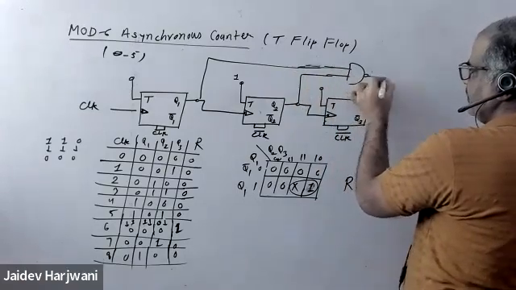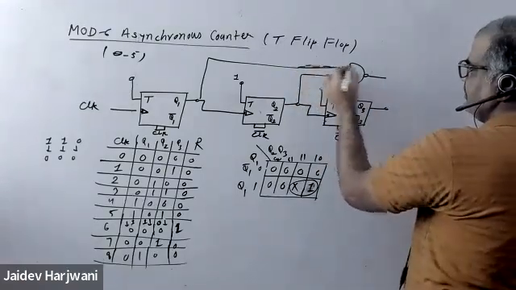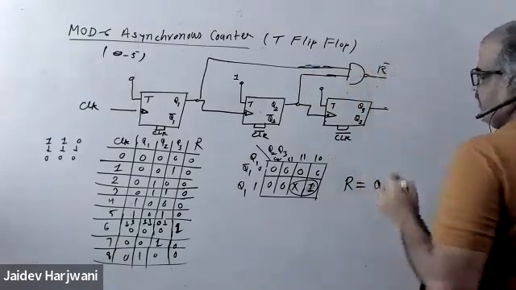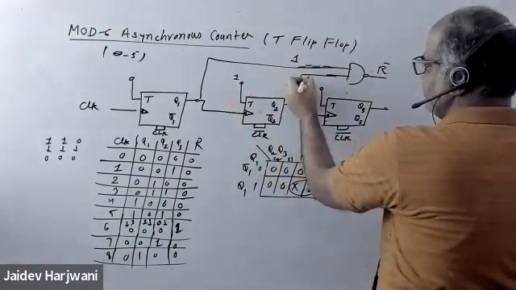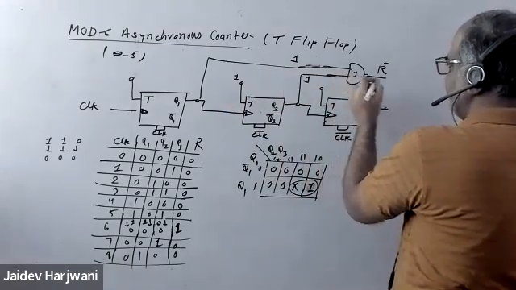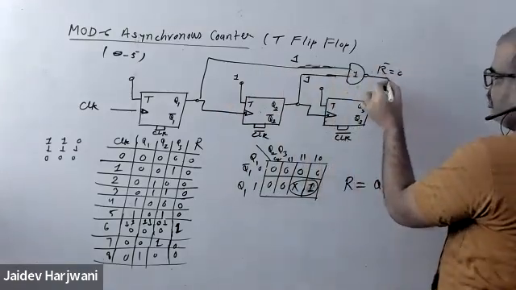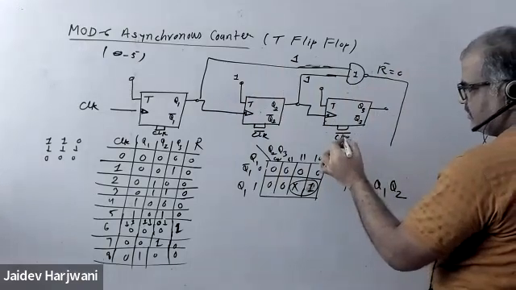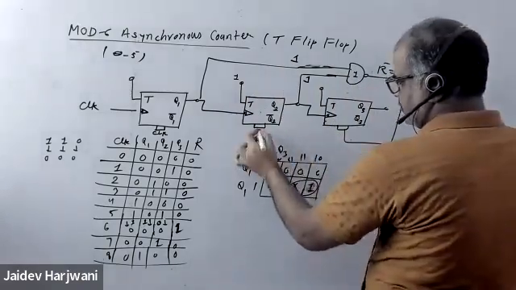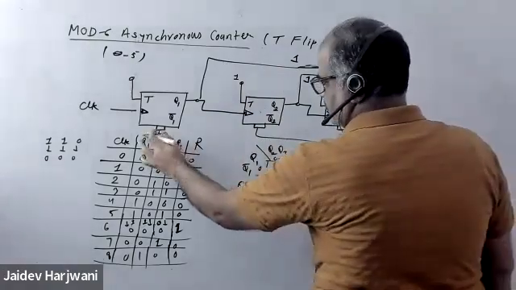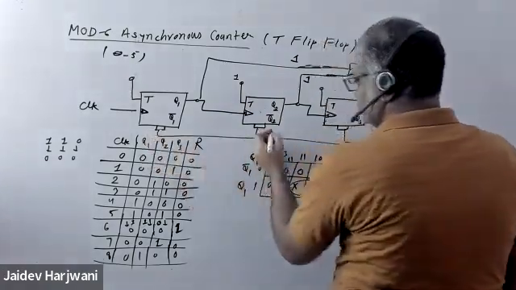The NAND gate will give you R bar. Whenever these are 1 1, the output becomes 0, and this output 0 you attach to this clear input.